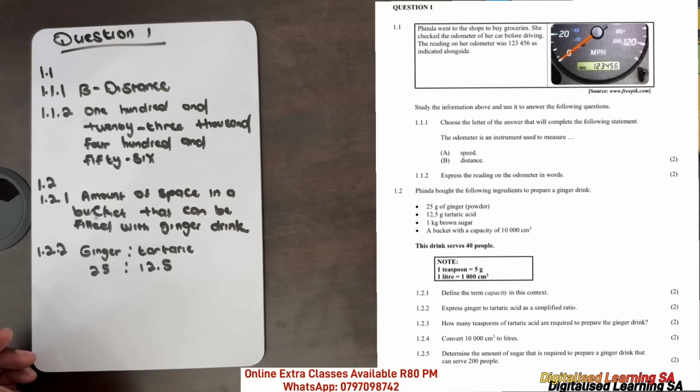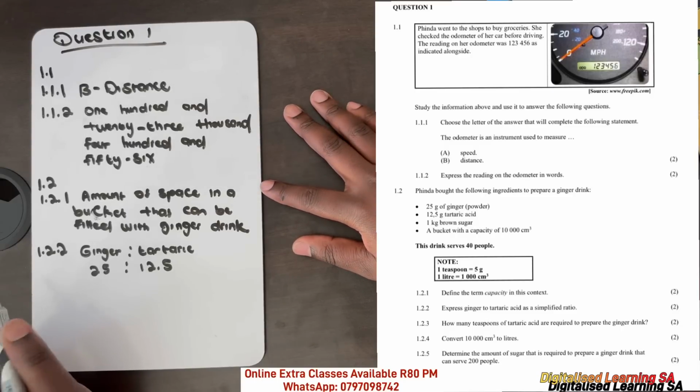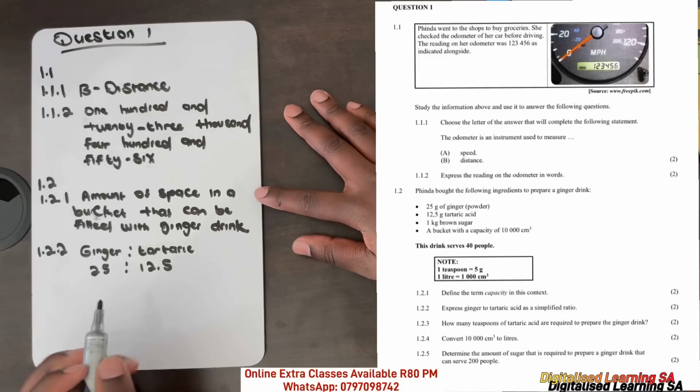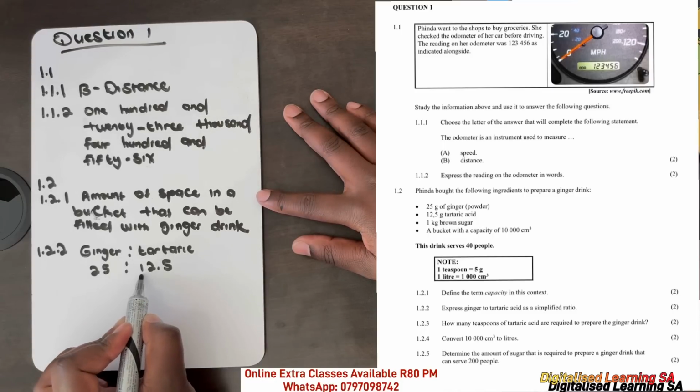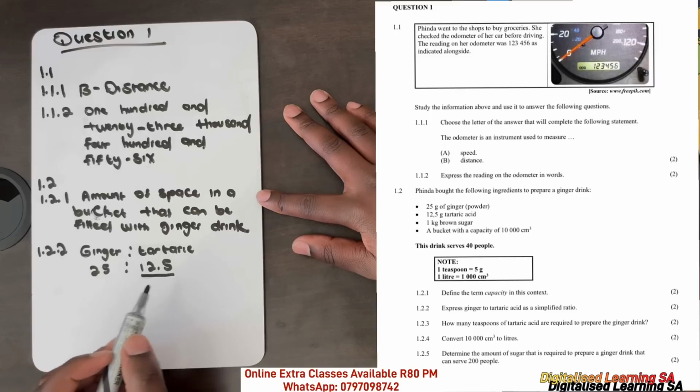What does that mean? That means that we need to find a common factor. The common factor in this case would be 12.5.